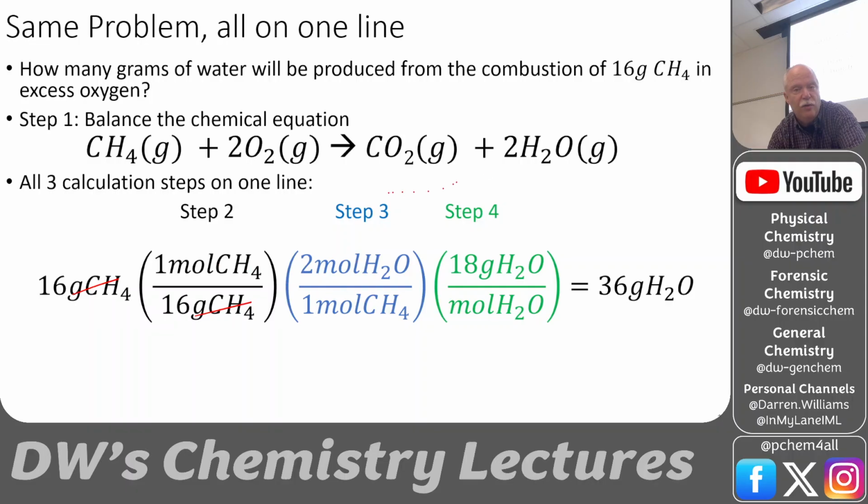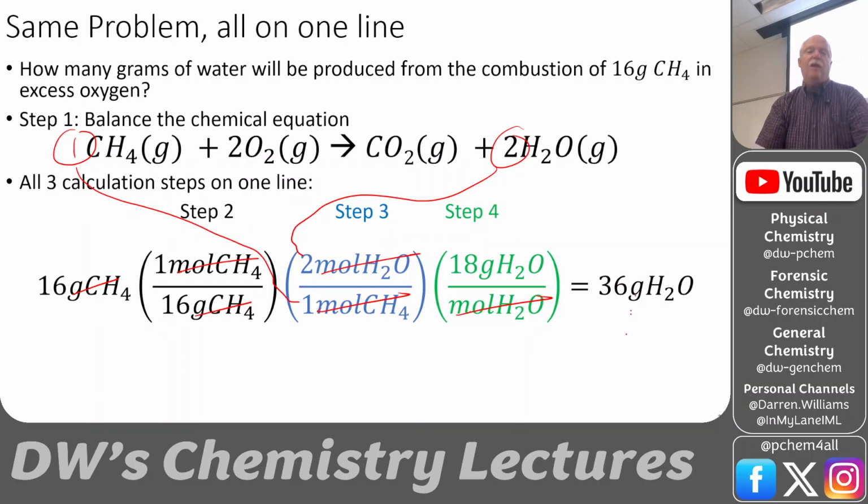And then I use the mole ratio, the 2 to 1 here, is all right here. Okay? And I get out of moles of methane into moles of water, and then I use the molar mass of water to get out of moles of water and into grams of water, and that's what the problem's asking for. So this should be straightforward.